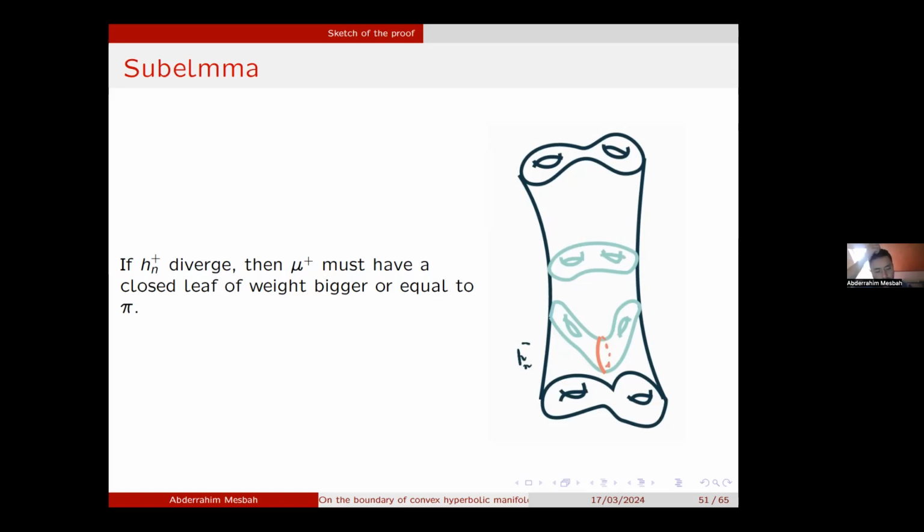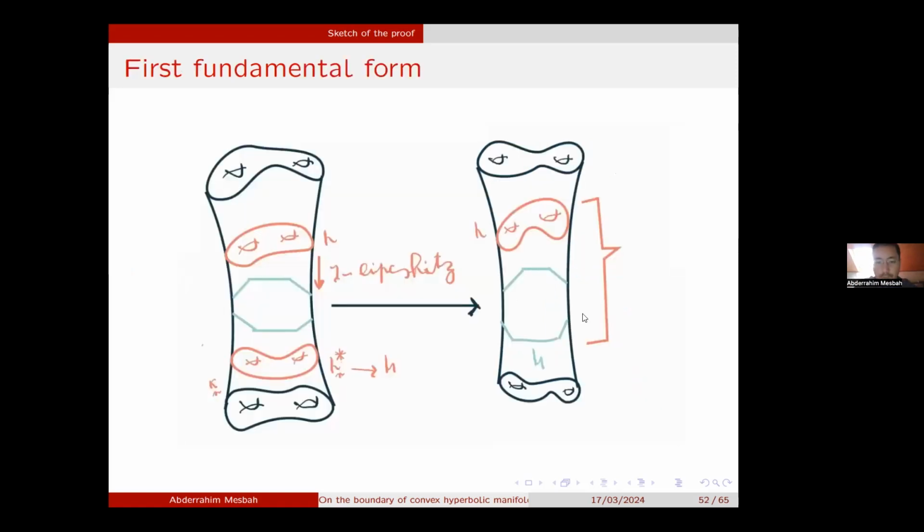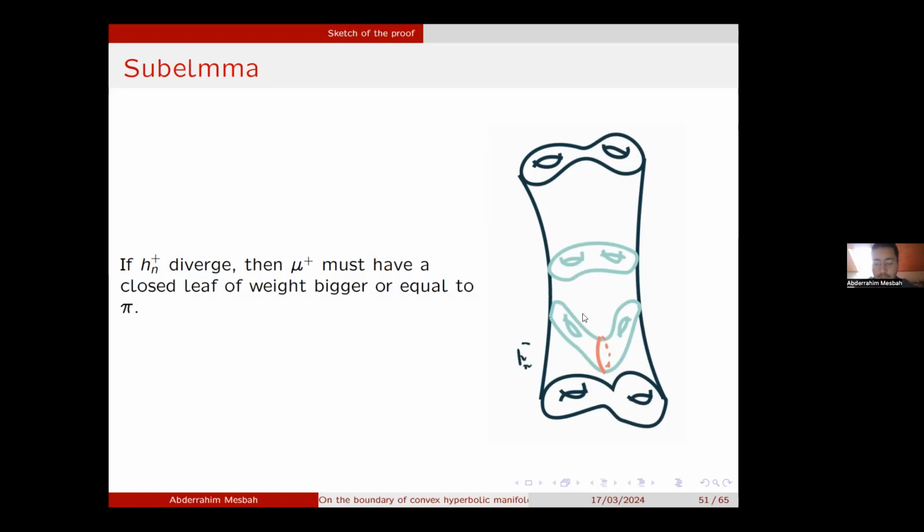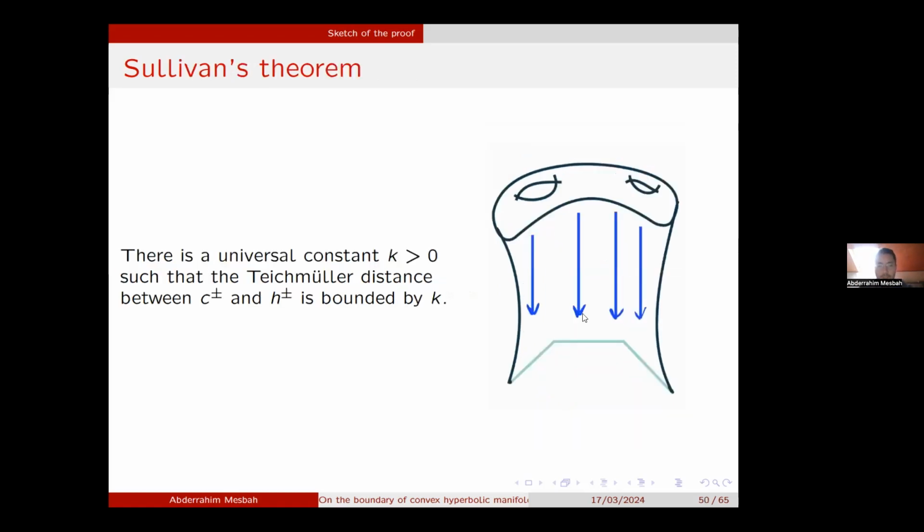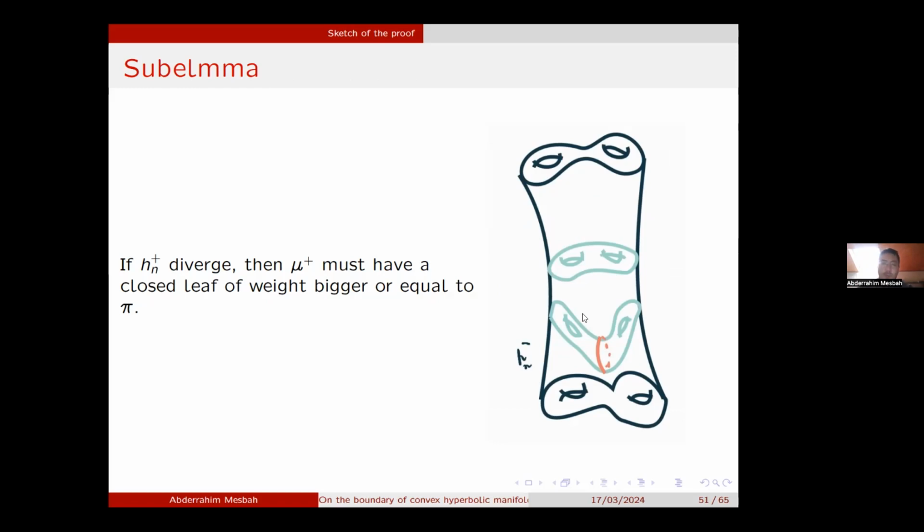So what we get is that under the hypothesis of the lemma, both induced metrics of this sequence Qn on the boundary of the convex core must be in a compact subset. And by Sullivan's theorem, also the conformal structures on the ideal boundary must be in a compact subset.